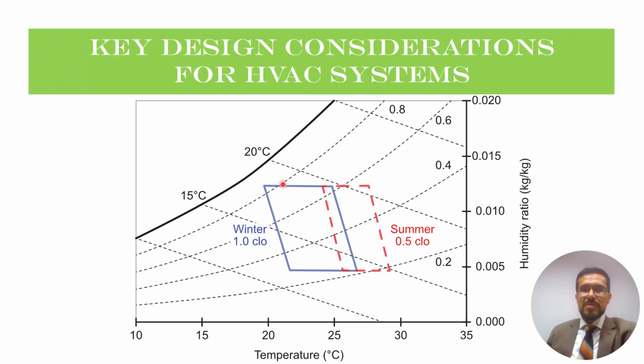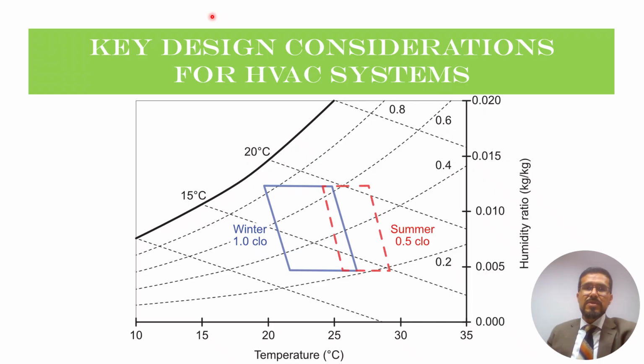Here is the optimal zone for winter and for summer. In winter we assume an average clothing of 1 clo, and for summer 0.5. And then this zone is going to depend on the temperature and the humidity ratio of the air. We can see here that these parallel lines that are drawn are lines of equivalent effective temperature.